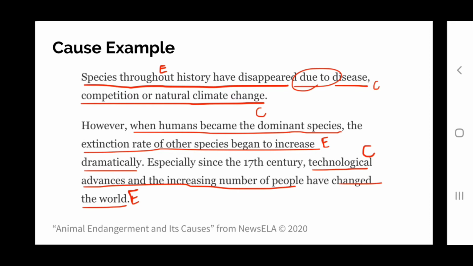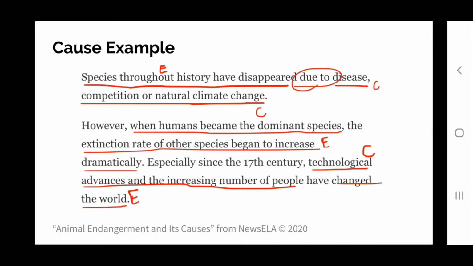Species throughout history have disappeared due to disease, competition, or natural climate change. So that first part, species throughout history have disappeared, that is my effect. And now due to is my signal word. And that means that the rest of whatever's coming after that is going to be the cause.